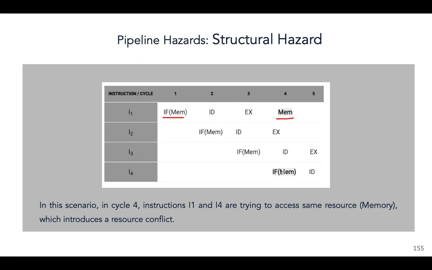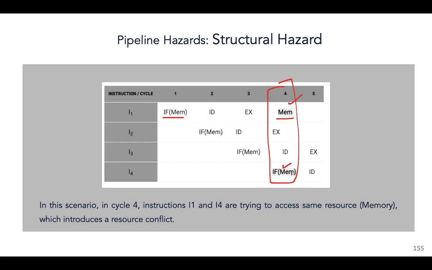Now if you look at this scenario, in cycle 4, the first instruction is trying to write its result. This is the final stage of this instruction. So basically, after execution, it might be trying to write the results of its operation into memory. The idea is memory is being accessed. And then during the same cycle, instruction 4 is being fetched from the memory.